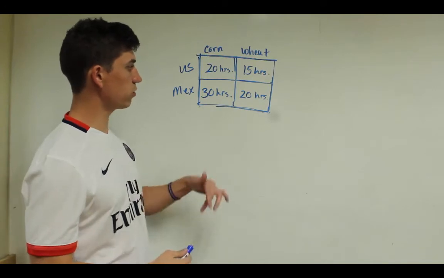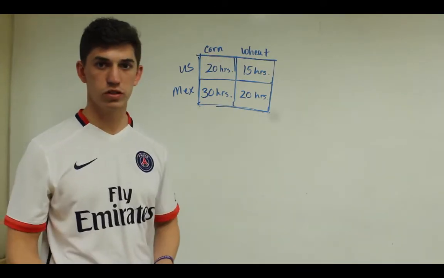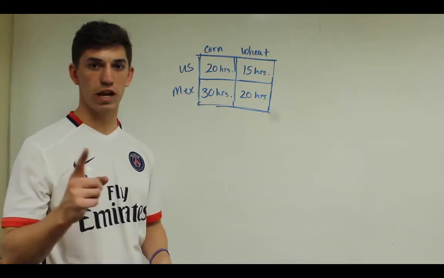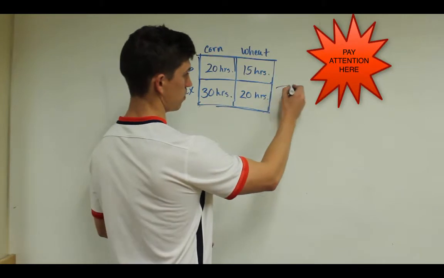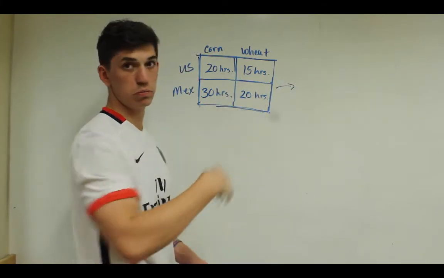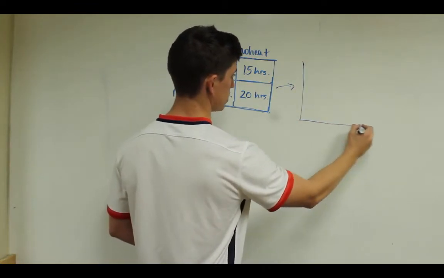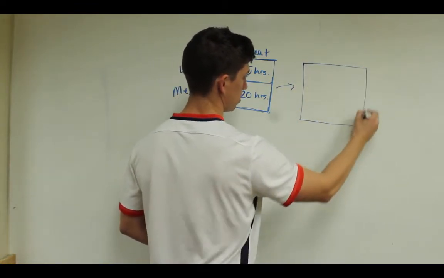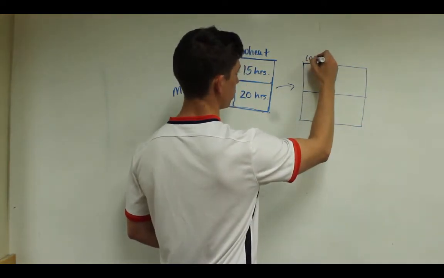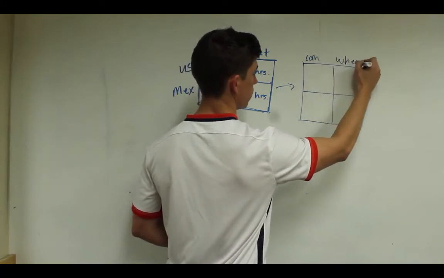So I'm going to show you a trick really quick to convert this to a form that's a little bit easier to use, where we fix the amount of time that they have to 1 hour. So we're going to convert this from hours into units per hour. It's still going to be the US on this axis and Mexico there, and we'll still have corn and wheat.